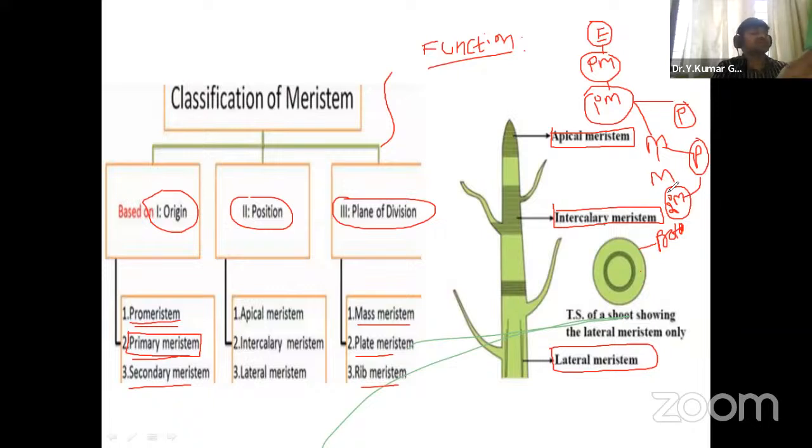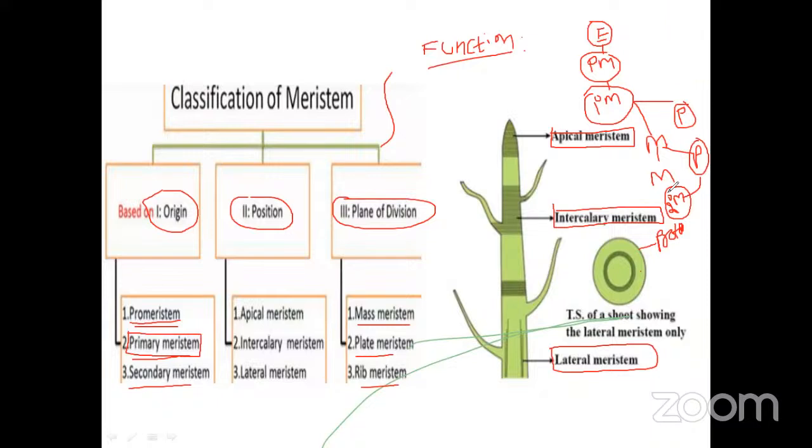How does the secondary meristem develop? It develops from already developed tissue.